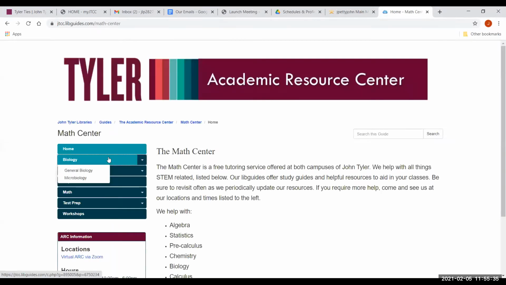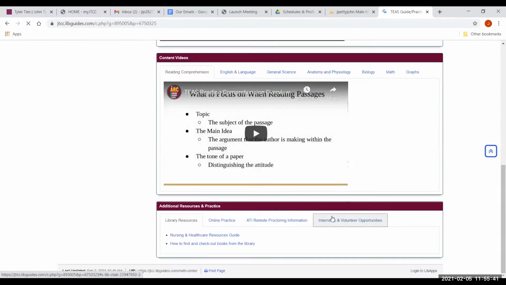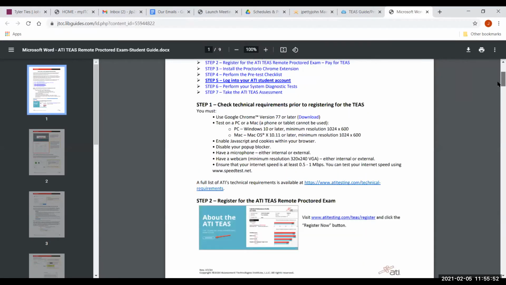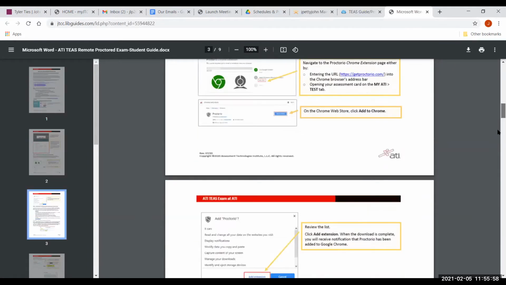So go to the LibGuide, and then here's the TEAS. At the bottom, there is a link for this remote proctoring guide. It tells you the technical requirements, and the web address to go to register and all of that.